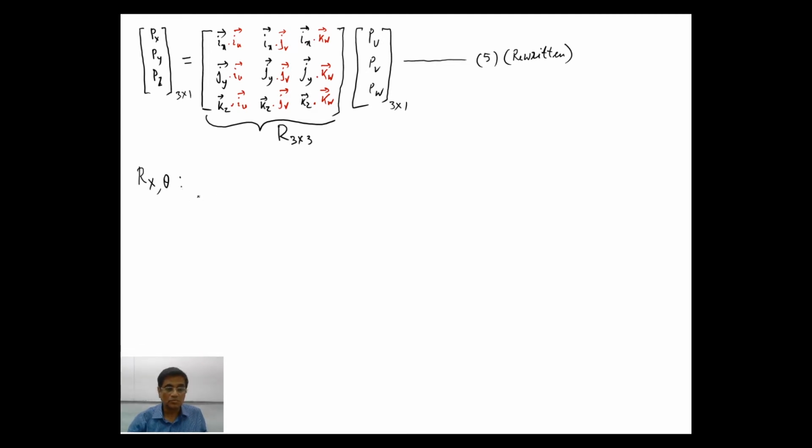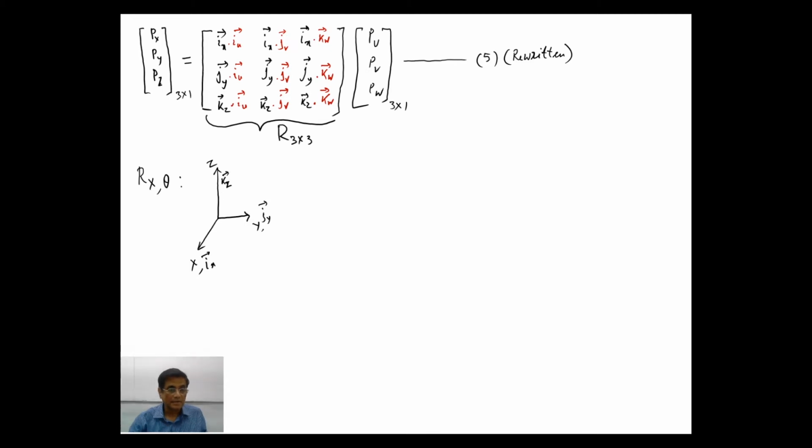Now to do this, first I suggest that you draw the coordinate axis, which is very important. Always you do that. This is x, this is our y, this is z, and this is unit vector ix, jy, and kz.